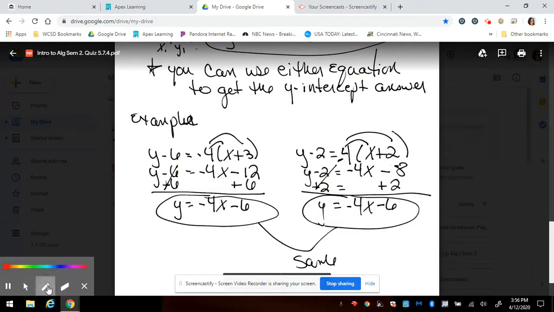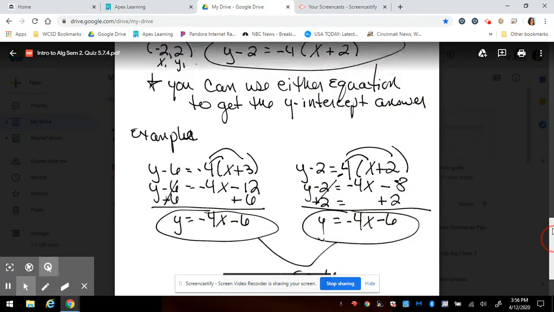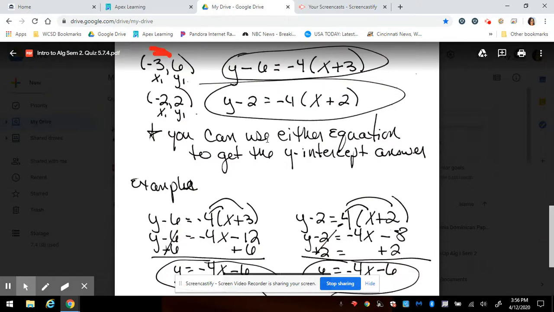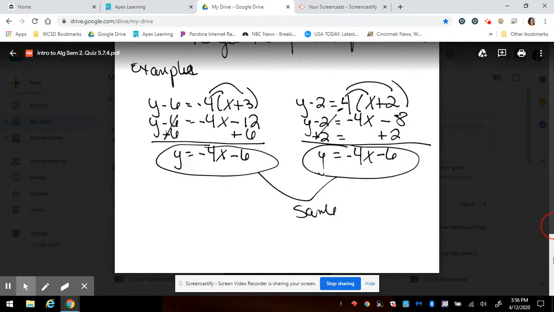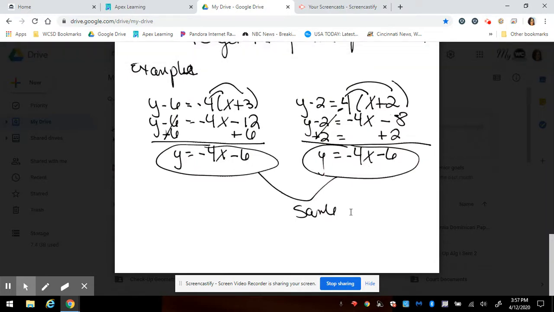Then I broke my equation down just like I normally would. Got y by itself, so I got y equals a -4x minus 6. I did the same thing with our second point. Okay, so we took this point, I brought it straight down, worked out my equation, got the same exact answer.